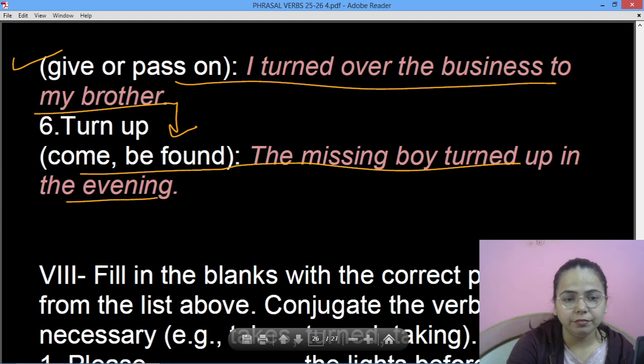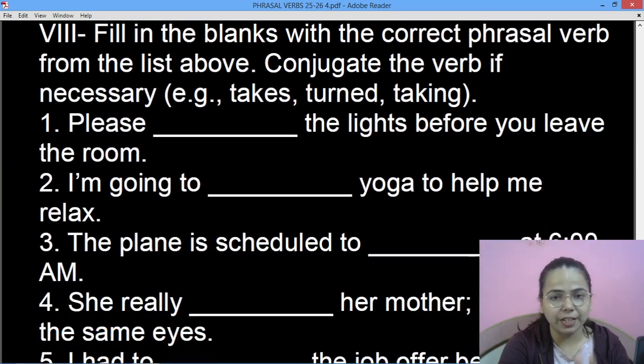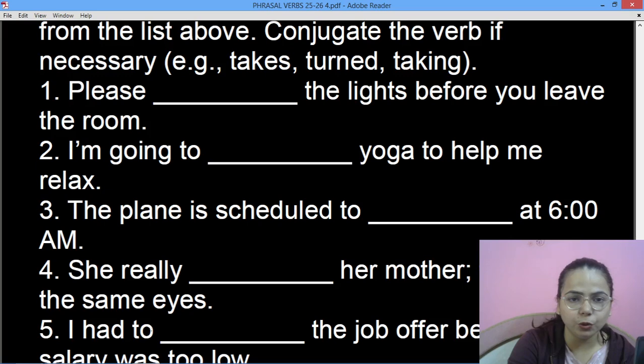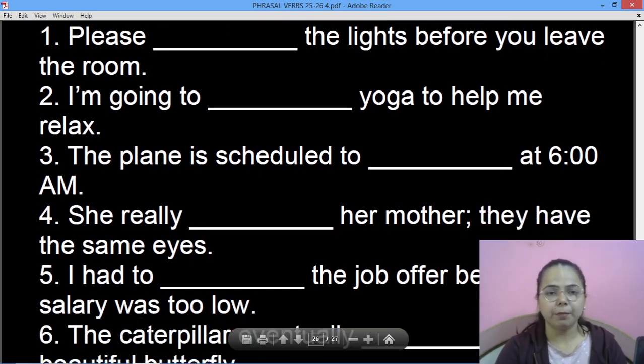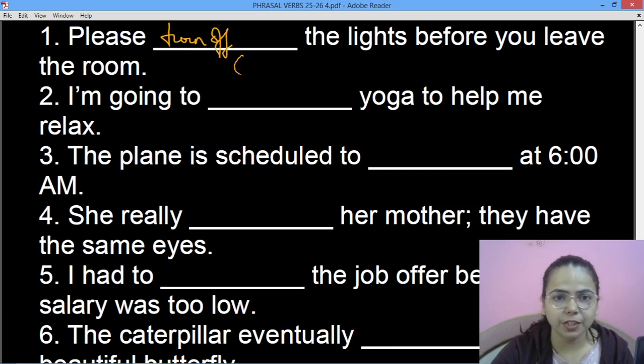ठीक है. देन द नेक्स्ट वन, द फाइनल, द क्वेश्चंस विल बी टेकिंग टर्न और टेक एंड टर्न दोनों के लिए ये यूज़ हो रहे हैं यहाँ पर. तो प्लीज़ टर्न ऑफ द लाइट्स बिफोर यू लीव द रूम. ओके, तो टर्न ऑफ मीन्स टू डीएक्टिवेट.